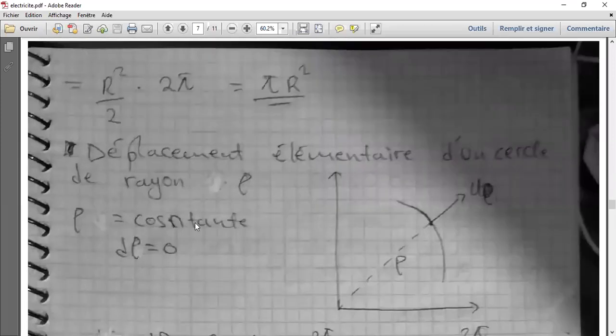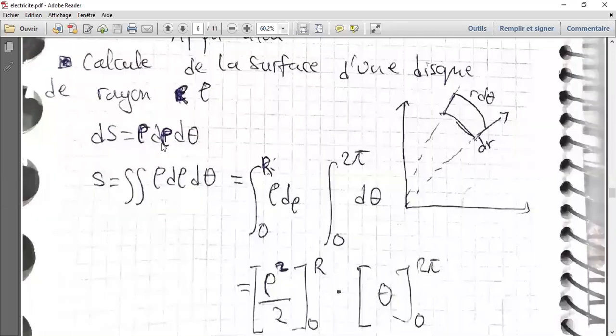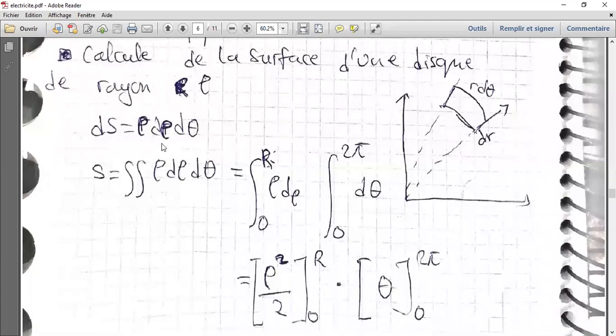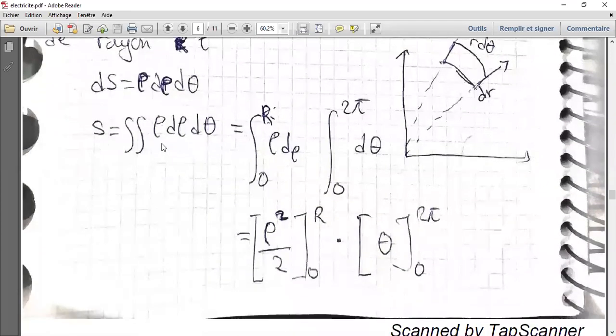If you see here, there's d rho. So the differentiation of this rho is 0, so I will not include d rho because it is constant. I remove it.